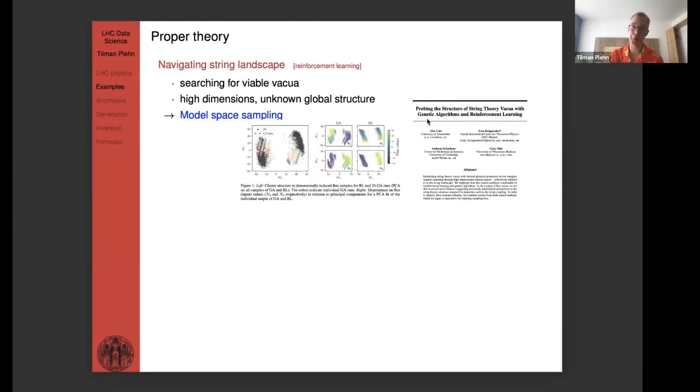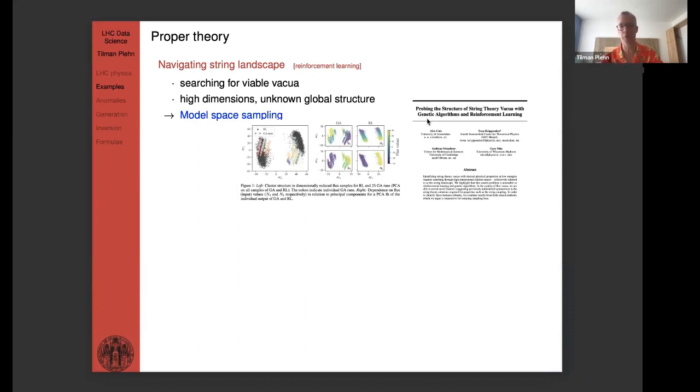Something I won't be able to talk about, even though it's extremely cool, is that if you look into formal physics, we have this string landscape, or the swampland, or whatever that structure is, where your vacua are either inhabitable or not inhabitable from a quantum field theory perspective. And so you need to find islands of life in the string landscape.